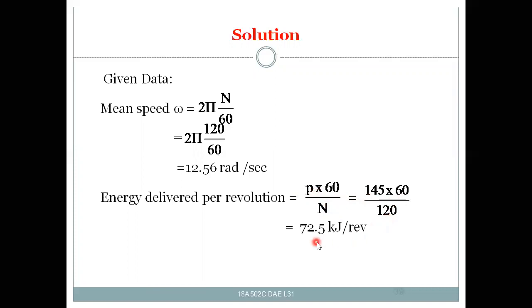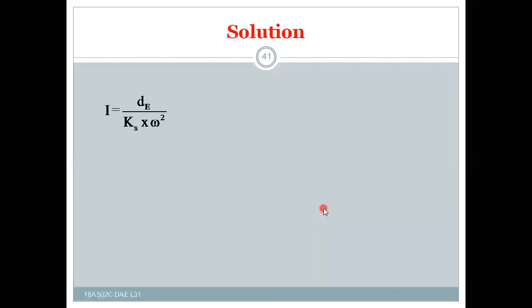Then you will get 72.5 kilojoules per revolution, otherwise 72,500 joules per revolution. So the fluctuation of energy dE is equal to Ke into E. K is also known for us, E is also known for us. Then you will get fluctuation of energy as 8700 joules per revolution.